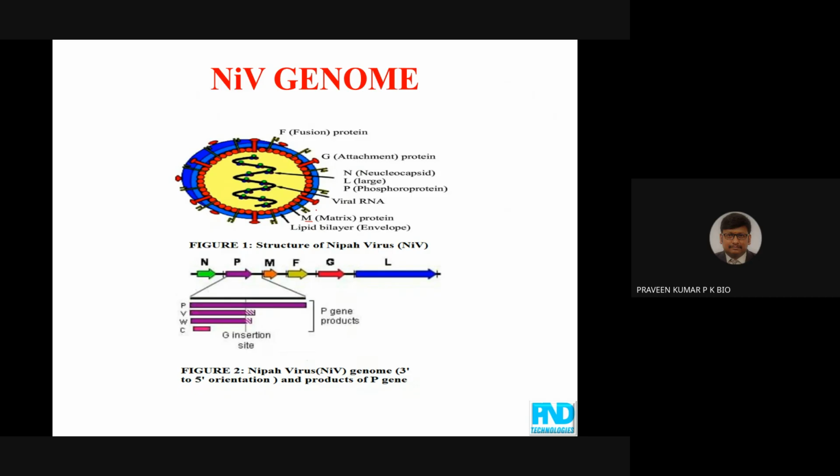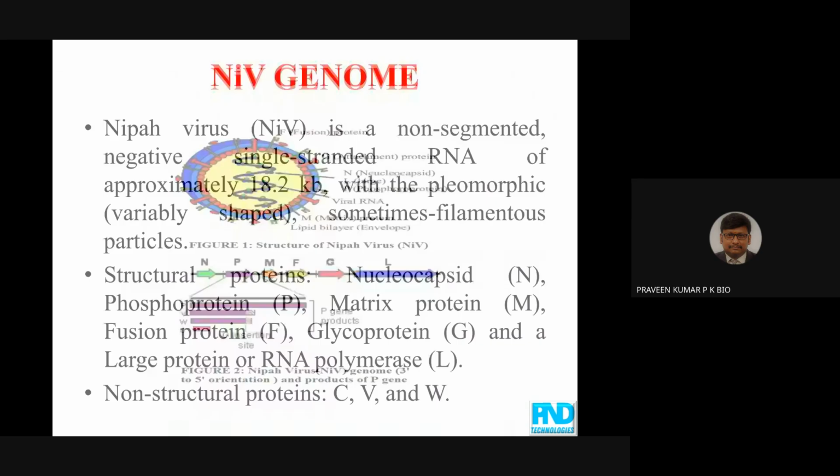These are structural proteins. We also have non-structural proteins like polymerases and proteases present in the virus. For the Nipah virus, almost all the proteins have been worked on. Only one protein which they didn't work on is Nipah virus W.